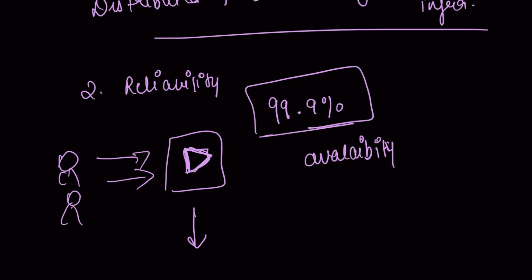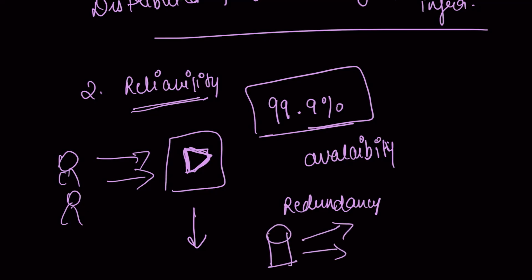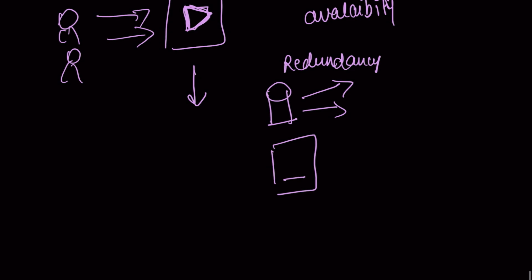To ensure reliability, the YouTube system is designed with redundancy at every layer. Yes, at every layer, whether the data is stored in multiple geographical regions or we are talking about the servers, they all have a backup system ready to take over in case of failure.